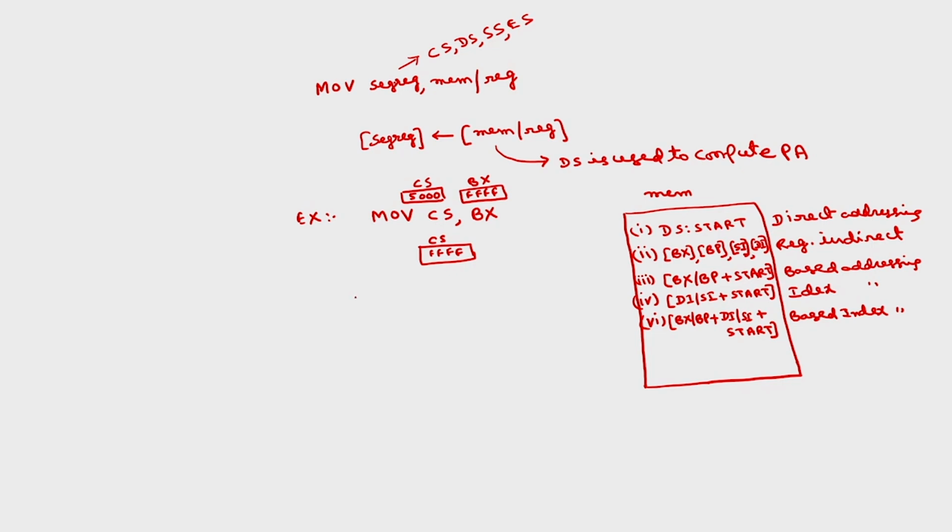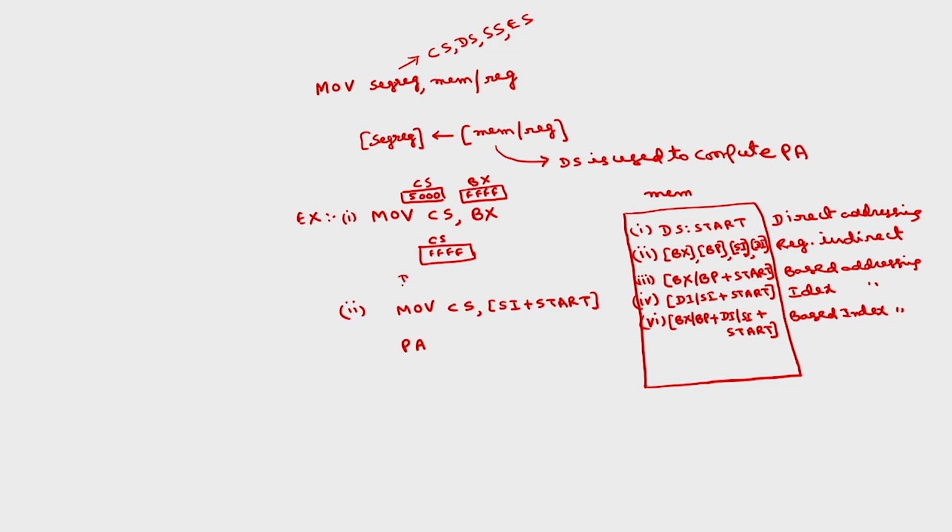So, if I take directly the example, MOV CS comma the contents of SI plus start. While calculating the physical address, as I have told, the DS register will be used.